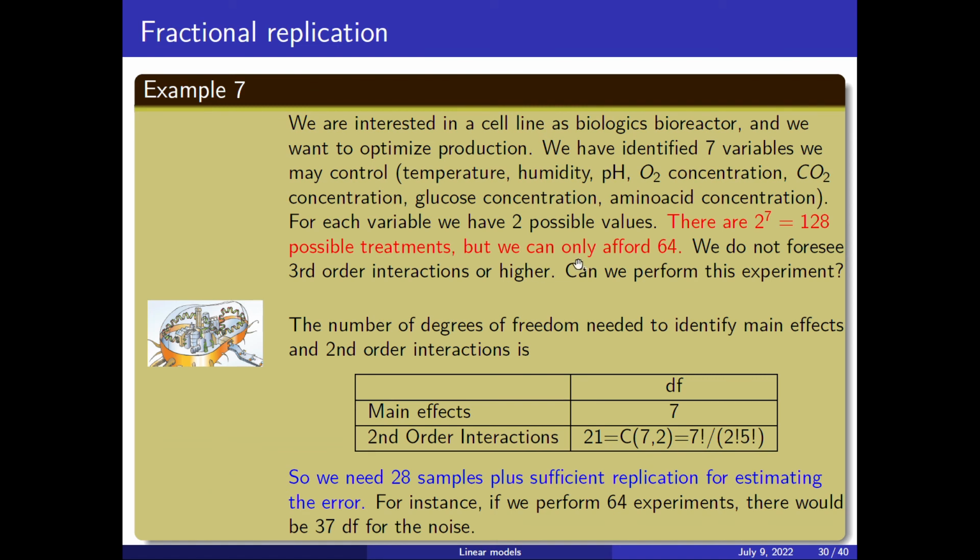And here is an even more extreme example. Let's say that you are interested in seeing how cells grow in a cell culture, in a bioreactor. And you have identified 7 variables that can make a difference.